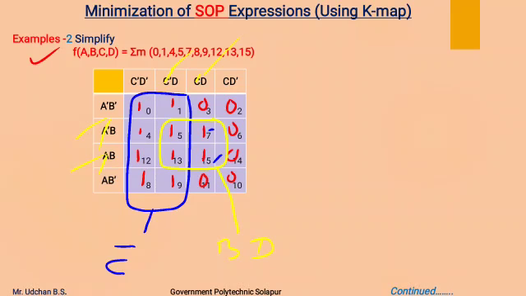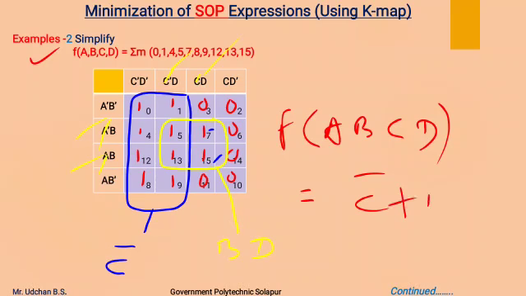So the final equation will be function of ABCD equal to c bar plus bd. This is how we can solve the given SOP expression using K-map.